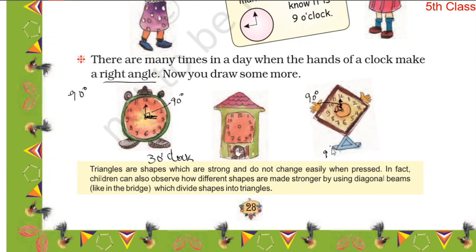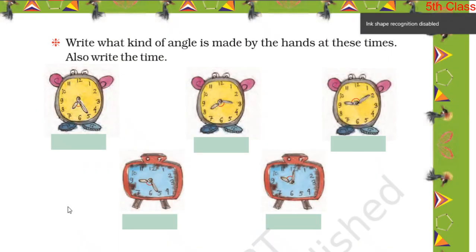So exactly at 9 o'clock. Like that, when the hands of a clock make 90 degrees, that is a right angle. Now write what kind of angle is made by the hands at these times. Also write the time here.